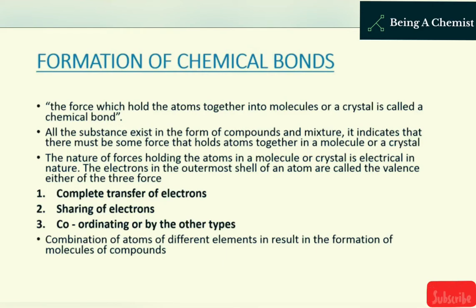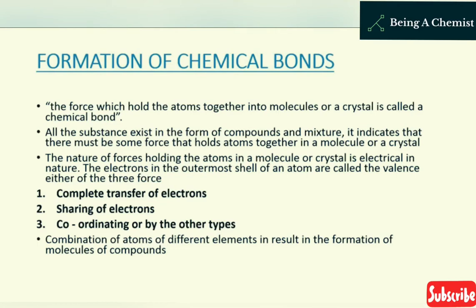The electrons in the outermost shell of an atom are called the valence electrons. As I have told you before in our previous lectures, the electrons which are found in the outermost shell, the last shell of an atom, are considered valence electrons.